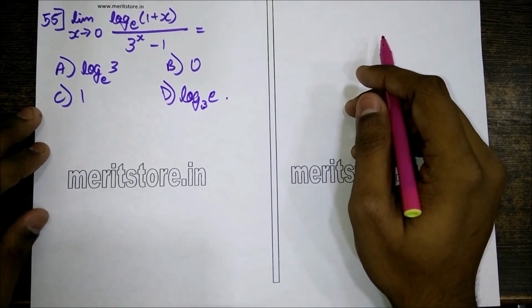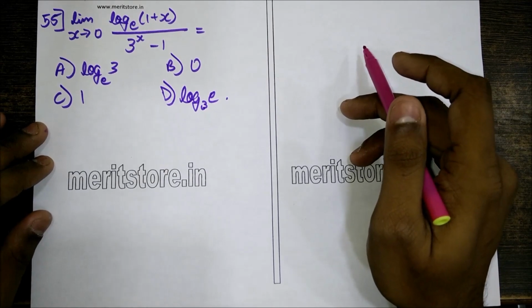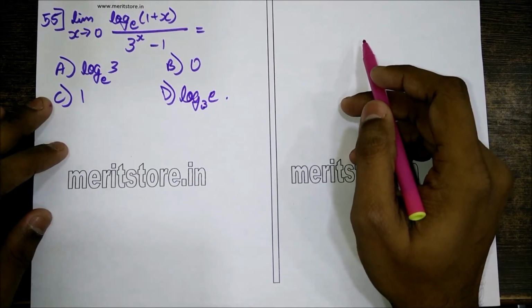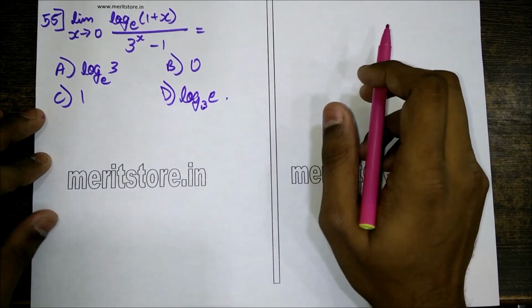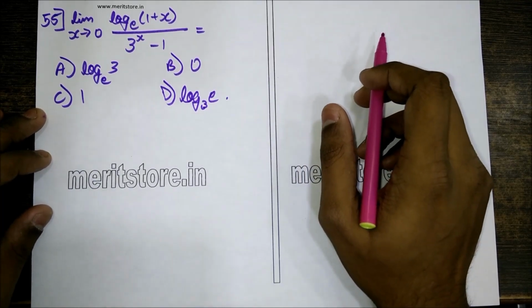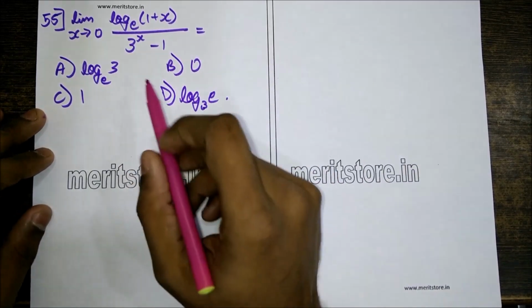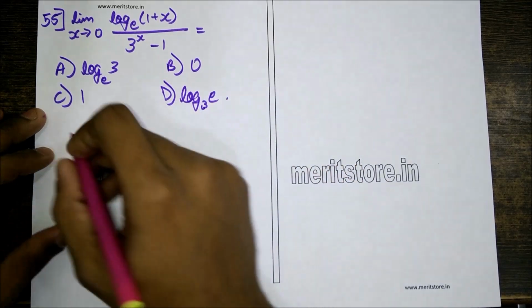Limit of x tends to 0 of log of 1 plus x to the base e divided by 3 raised to x minus 1 equals a) log 3 to the base e, b) 0, c) 1, or d) log e to the base 3.